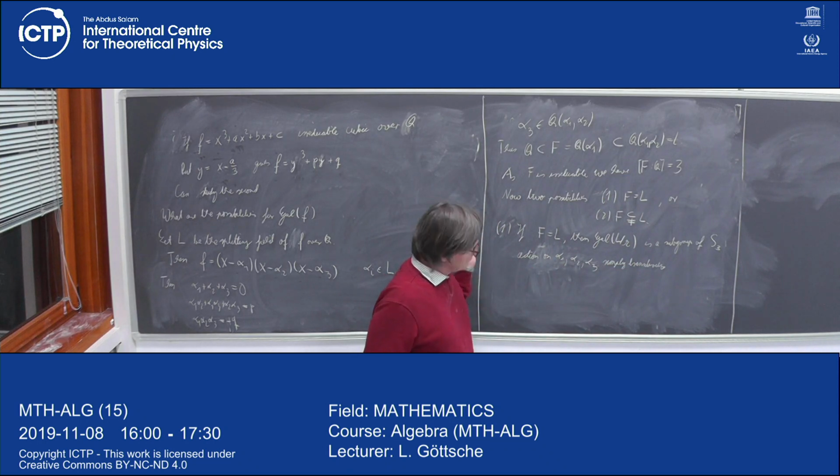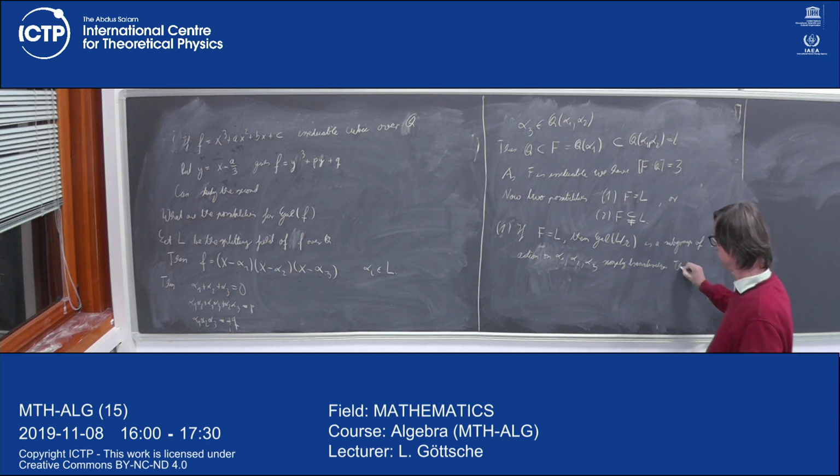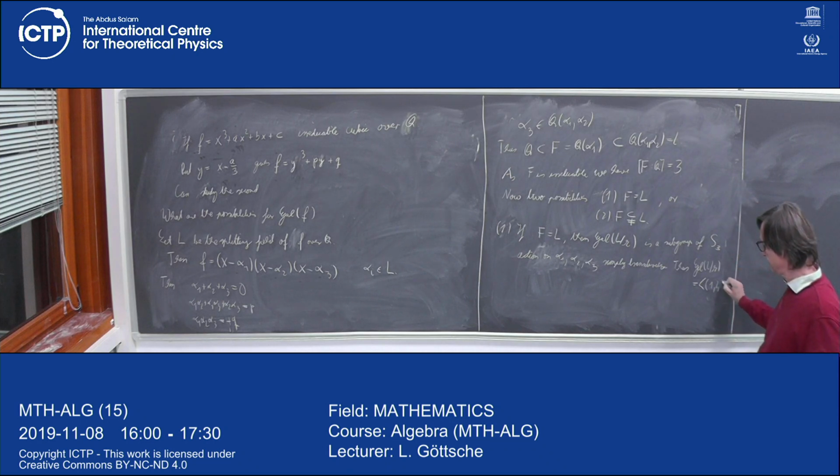So what are the subgroups of S3 which act simply transitively? We know what the subgroups of S3 are; we have written them on the blackboard. There's only one which does this, namely the cyclic permutations. Thus the Galois group of L over Q must be equal to the subgroup of cyclic permutations, which is also the alternating group, the group of even permutations.